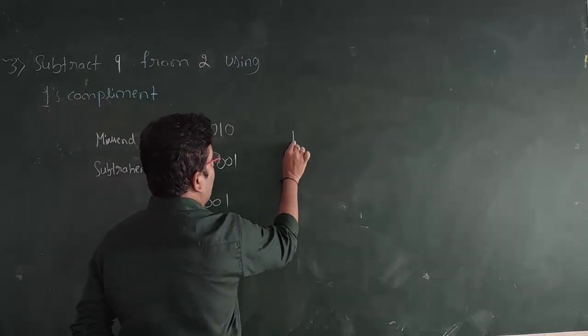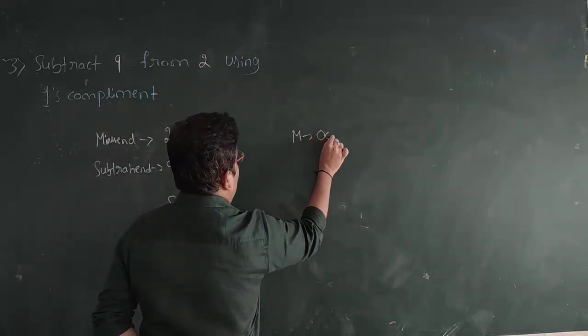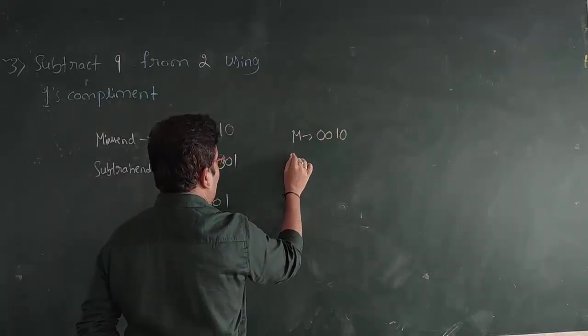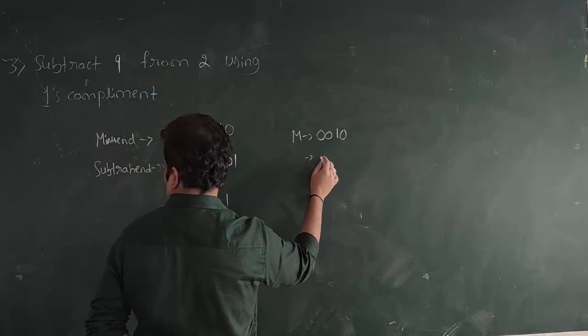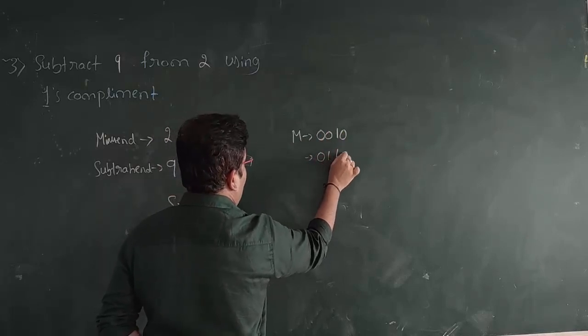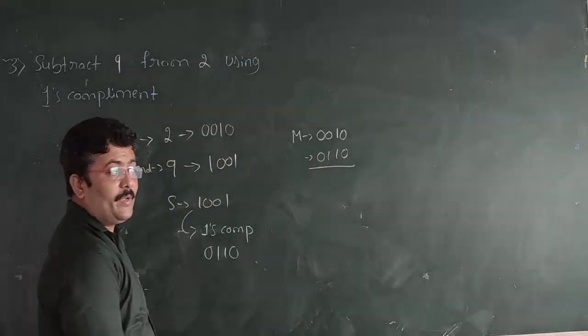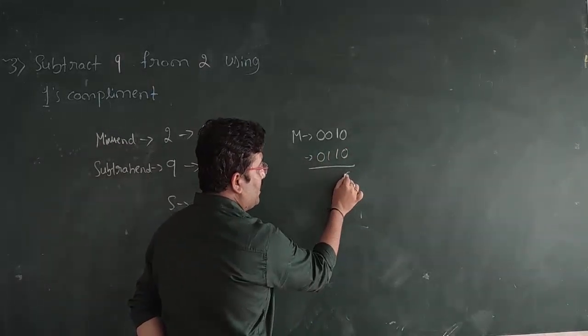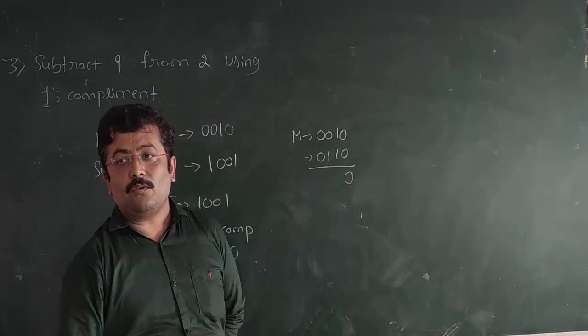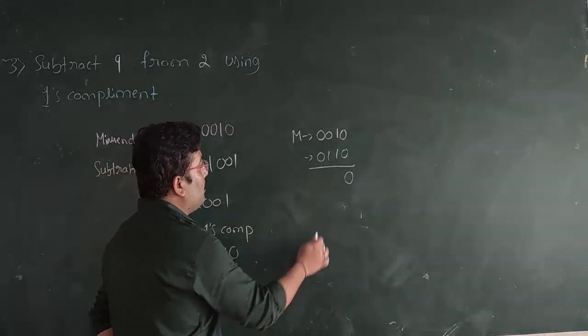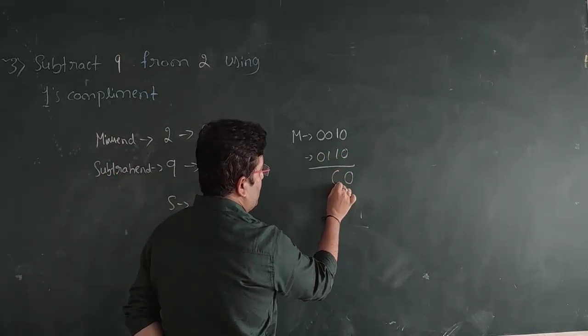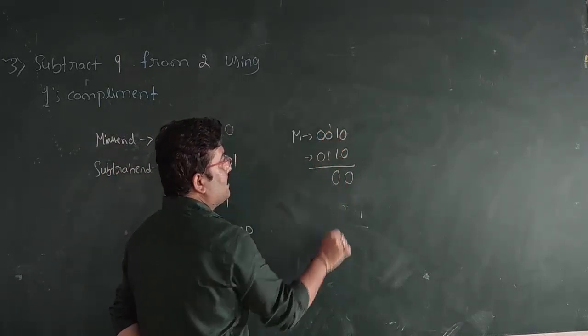My minuend value is 0010 and the ones complement value is 0110. Fine. So 0 plus 0, using the binary addition table, sum is 0, carry is 0. 1 plus 1, sum is 0, carry is 1.